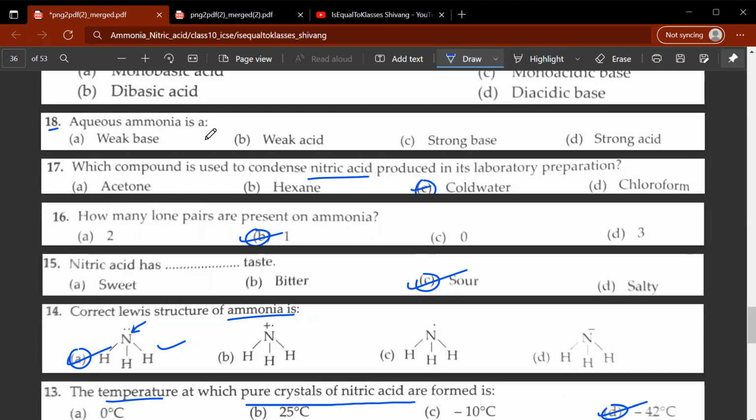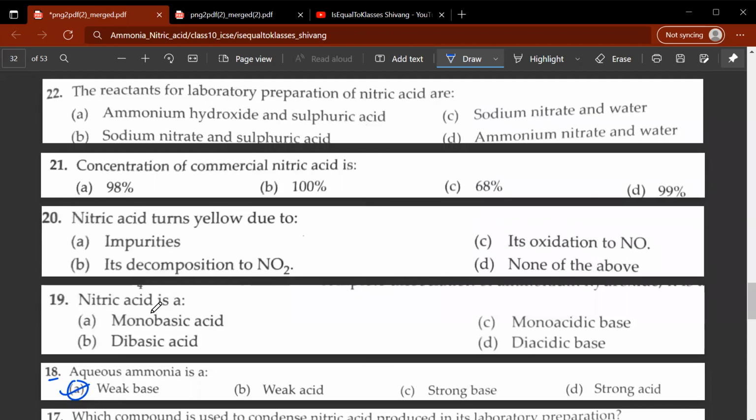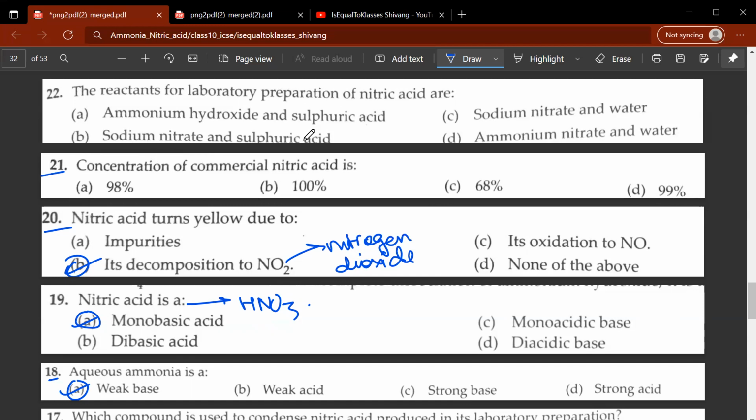18th question, aqueous ammonia is a weak base. So let's move on. Nitric acid is a monobasic acid. Yes, it is a monobasic acid, and the formula is HNO3. 20th question, nitric acid turns yellow due to its decomposition with NO2, also known as nitrogen dioxide. 21st question, concentration of commercial nitric acid is 68%.